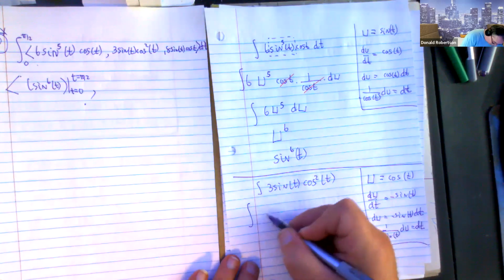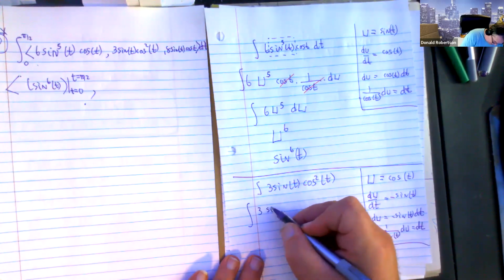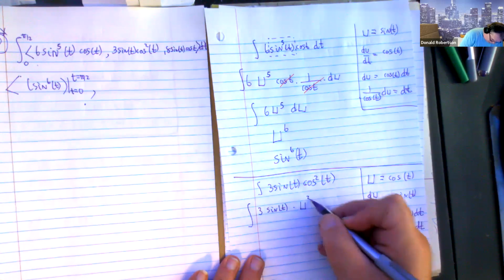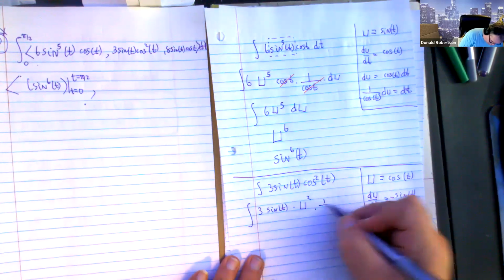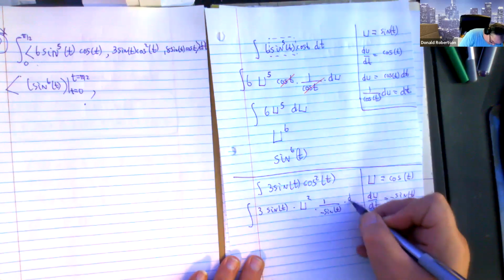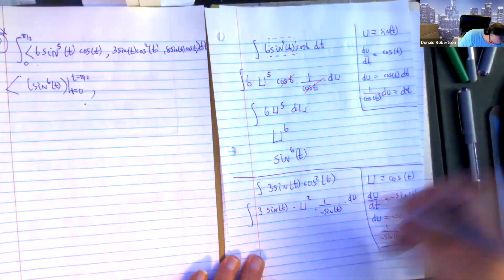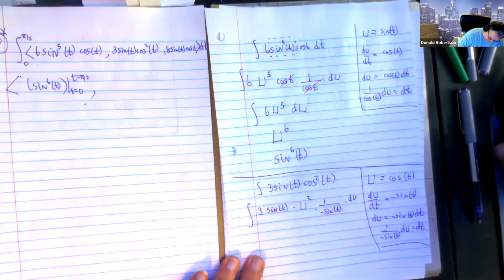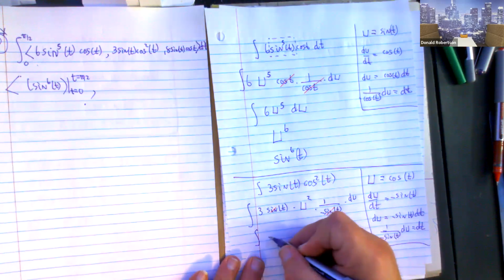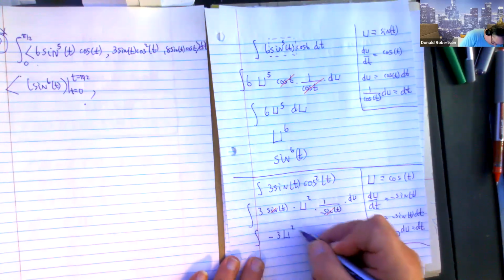So it's going to be the integral of 3 sine t u squared 1 over the negative of sine t du. Those guys cancel. And you now are looking at the integral. Oh, it's negative, so negative 3 u squared.